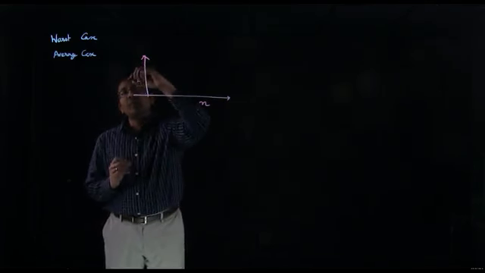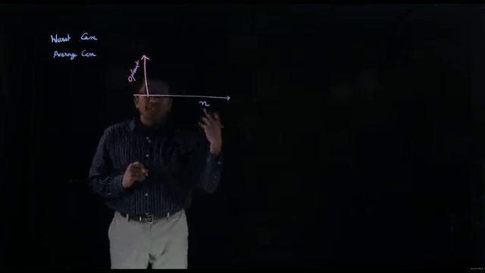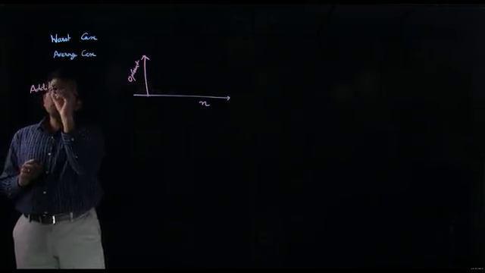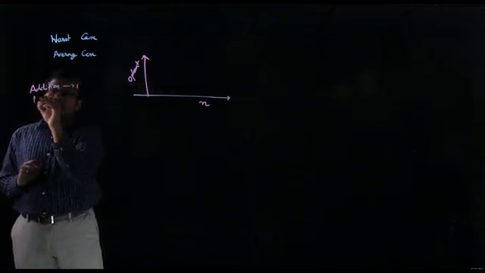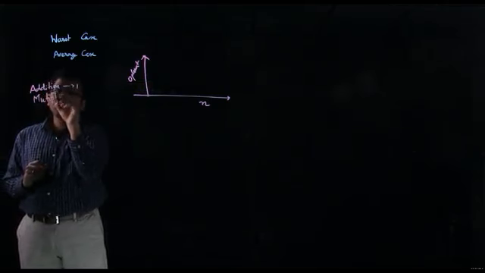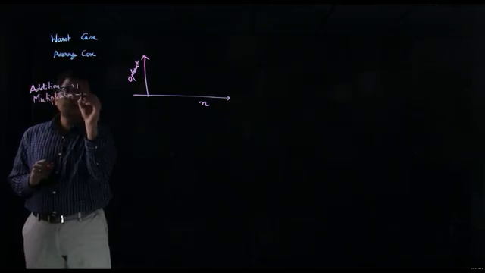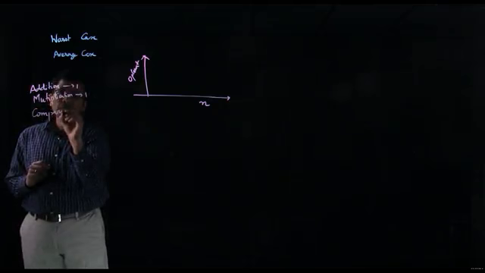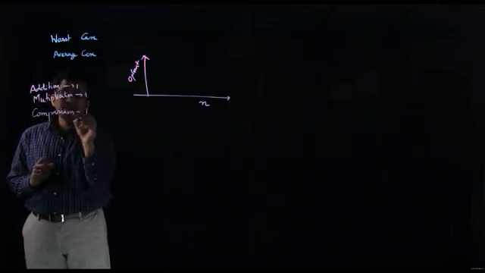On the y-axis we plot, let's say, the operation count, counting each operation by some cost model. Let's say addition costs 1, multiplication of two numbers costs 1, and comparison costs 1. So we have our price list here.